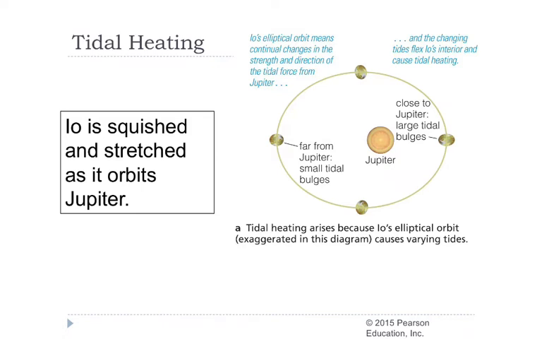So what happens with Io is its orbit around Jupiter is very elliptical. And the gravitational influence of Jupiter tends to kind of squish it and release it, like a squishy ball. When it gets closer, it's stretched out, elongated, and then when it's further away, it releases.